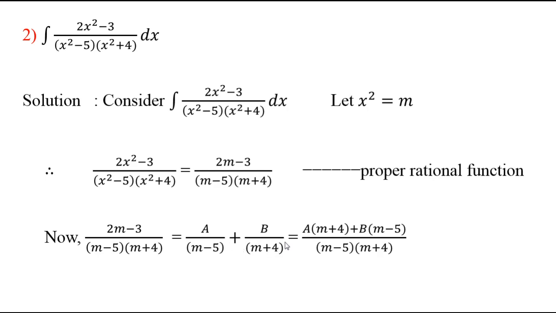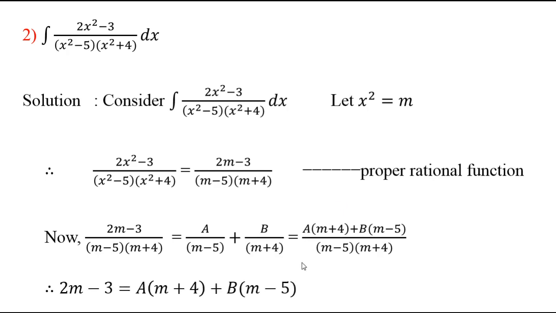So a into m plus 4 plus b into m minus 5, and then we equate this numerator 2m minus 3 with this numerator in the right side.